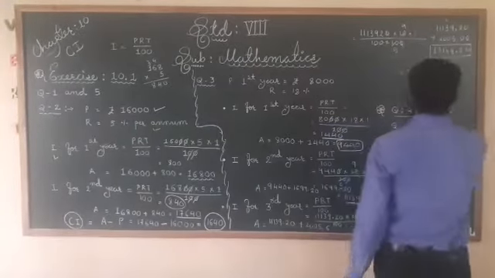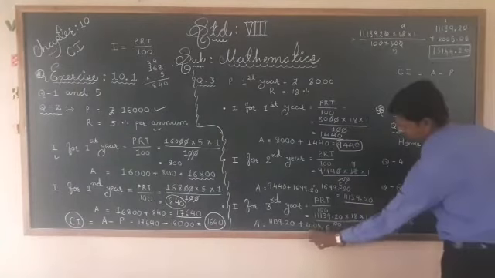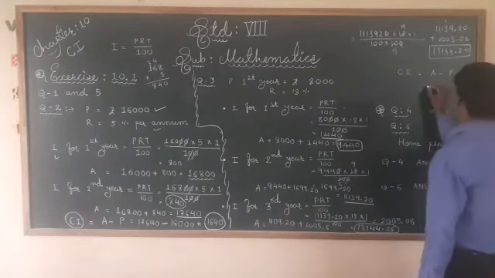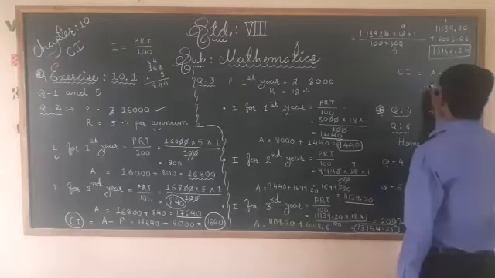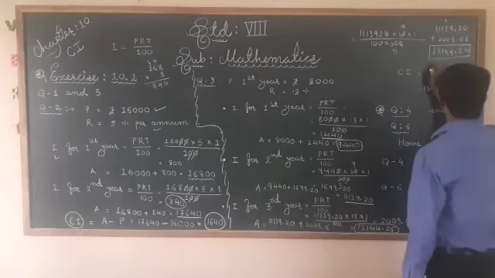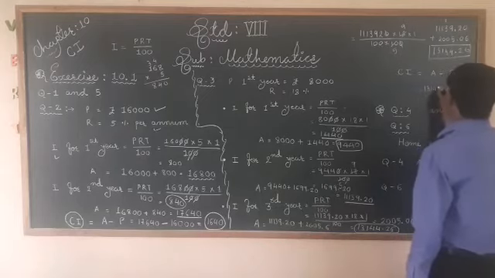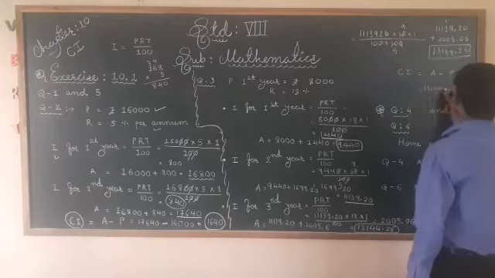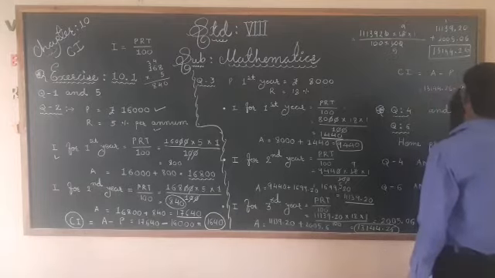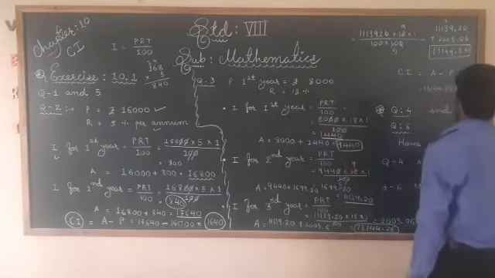Okay. Now the same thing we will find out, the compound interest. Now the total at the third year is 13,144.26 minus the principal, which is 8,000.